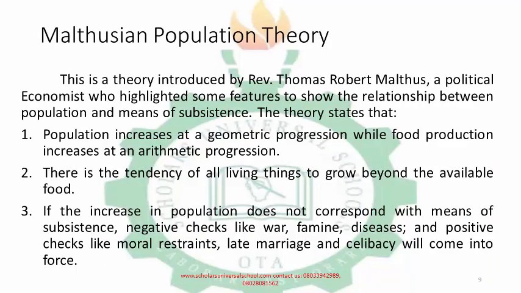Now let's look at the population theories. The first population theory we are going to look at is the Malthusian population theory. This theory was introduced by an economist called Reverend Thomas Robert Malthus. He introduced some steps to explain the relationship between the population of a country and the means of subsistence.